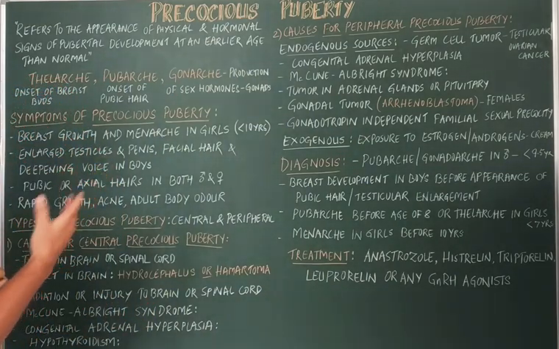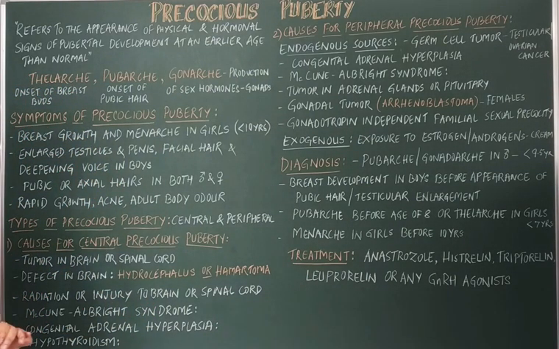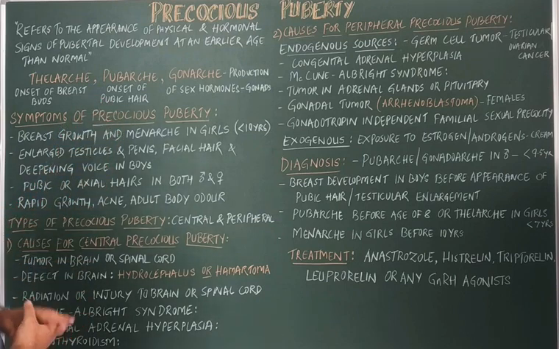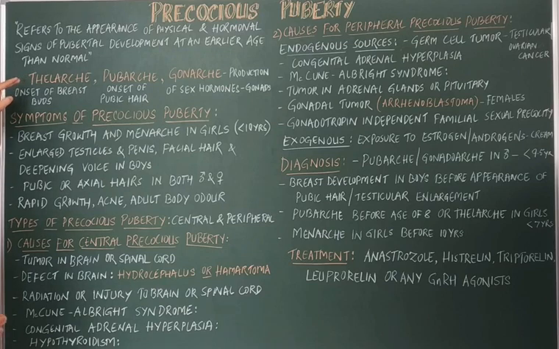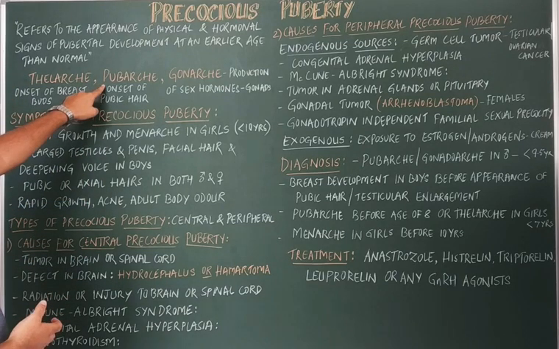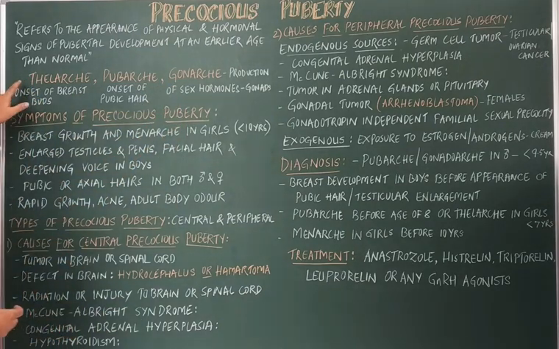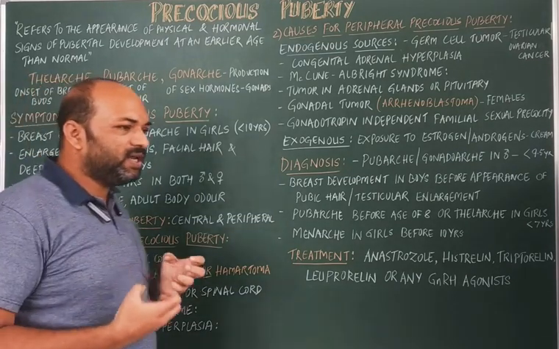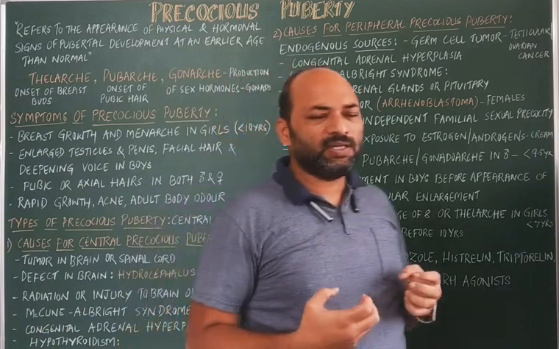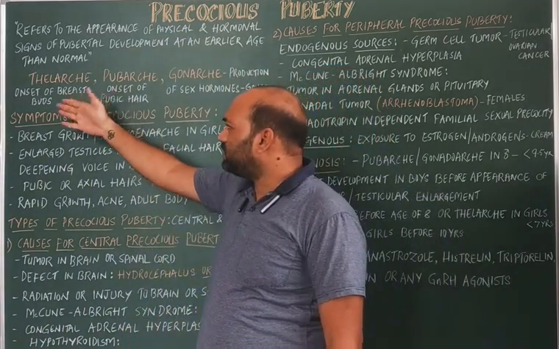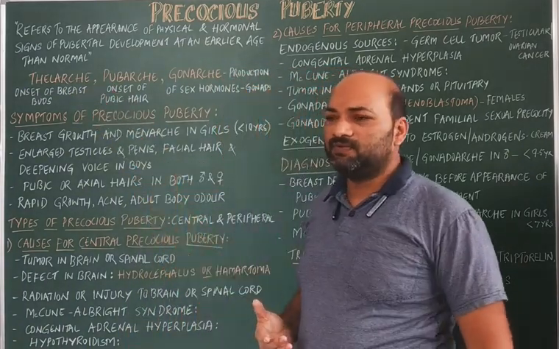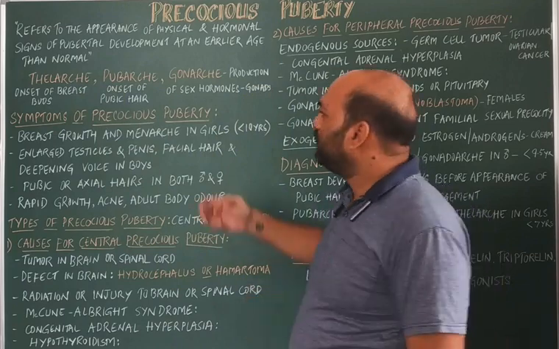Before we discuss the various aspects of precocious puberty, let us discuss some associated words. The first is thelarche, the second is pubarche, and the third is gonarche. Thelarche refers to the onset of breast buds. When a female attains puberty, breast buds form under the influence of hormones like estrogen.